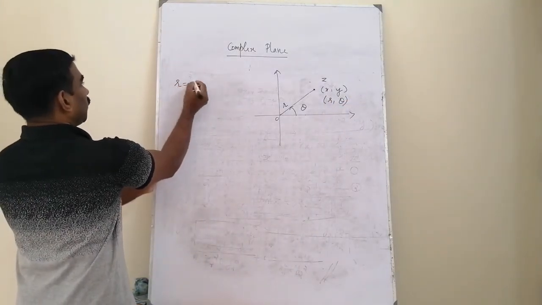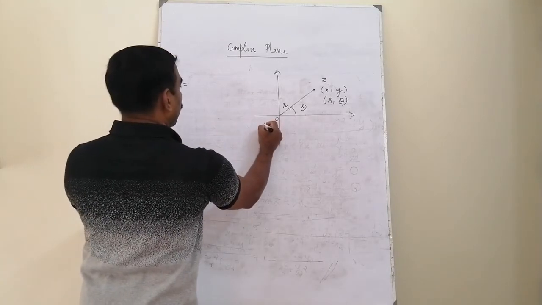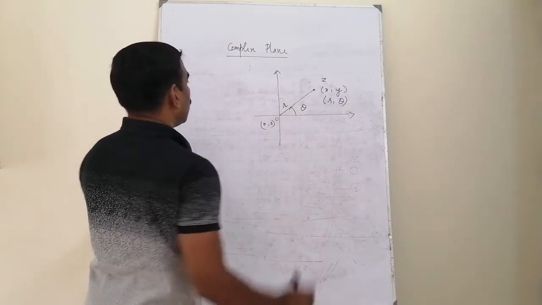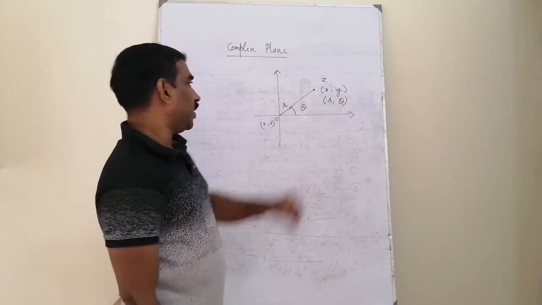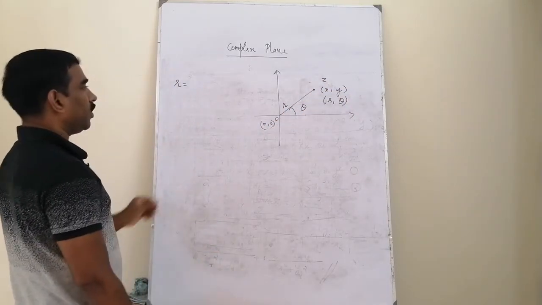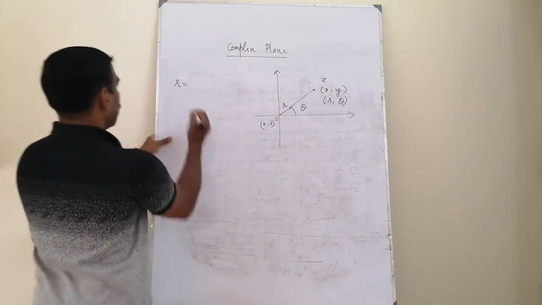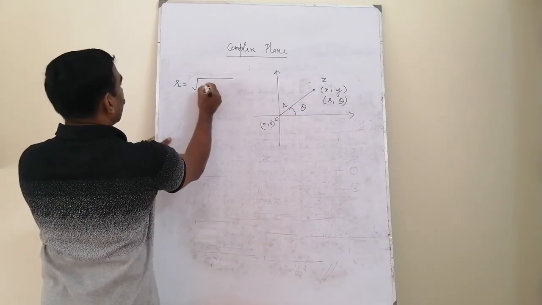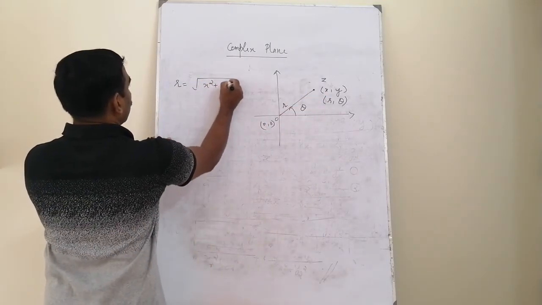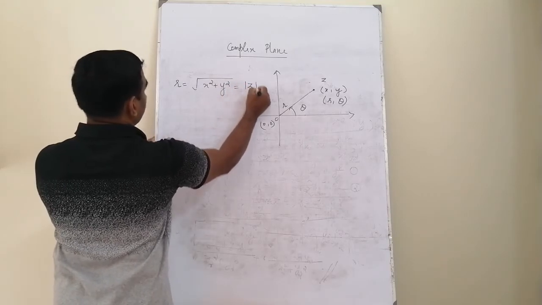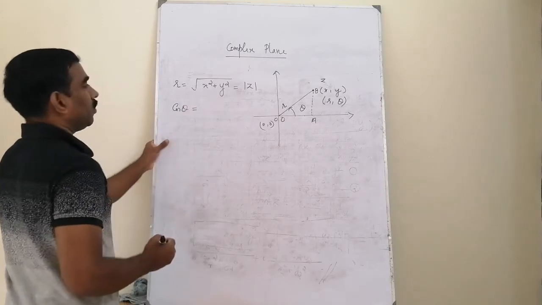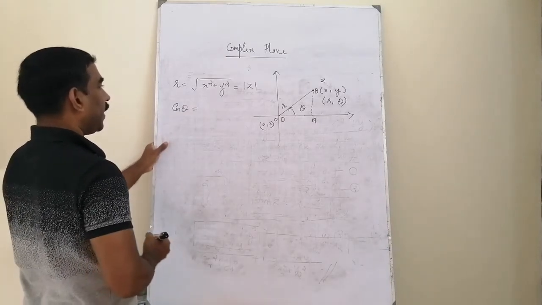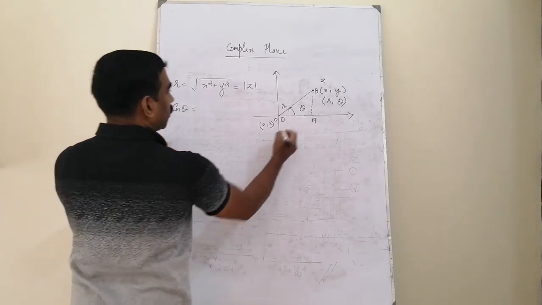R is the distance from the origin, that is the origin has coordinates 0, 0, and z means it is the complex number x comma y. So what is r? R is the distance between 0, 0 and x y. So that is equal to square root of x square plus y square, and we will use the notation mod z. Then from the right triangle, what is cos theta? Cos theta is equal to OA divided by OB.